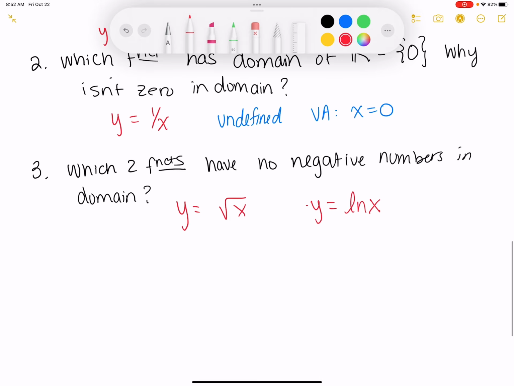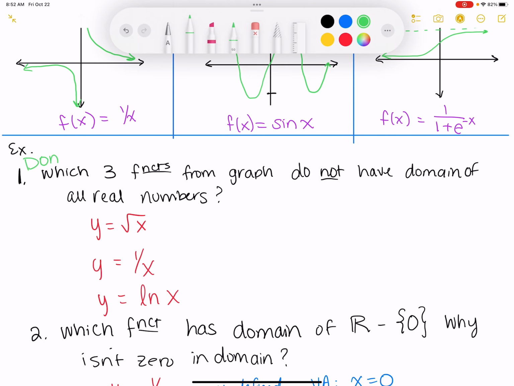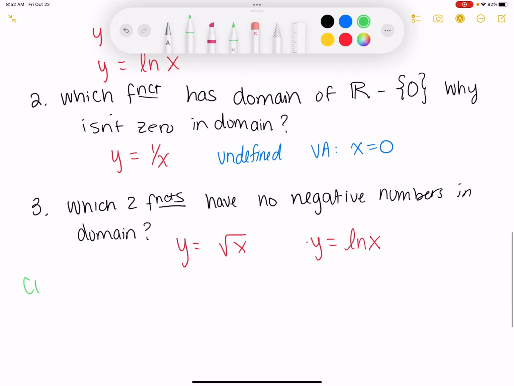So let's look at one about continuity. Okay, so those were all domain questions. So this next one is going to be a continuity question.